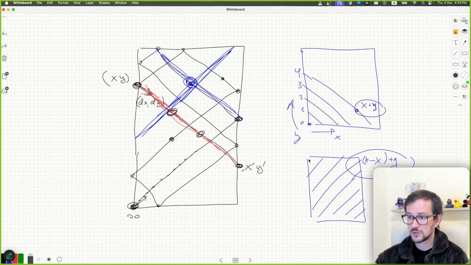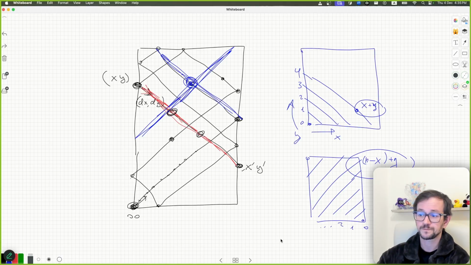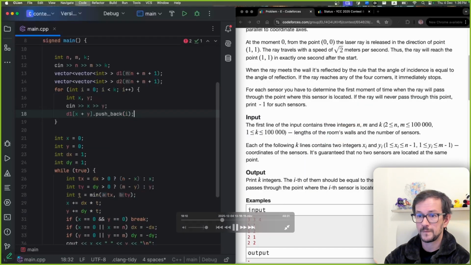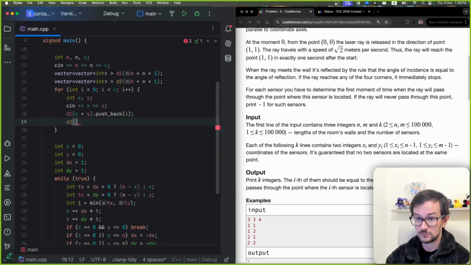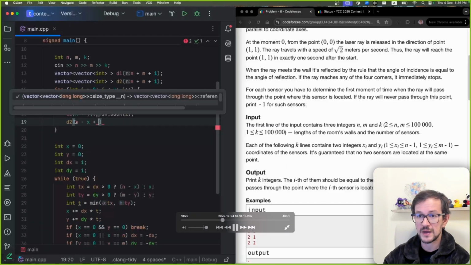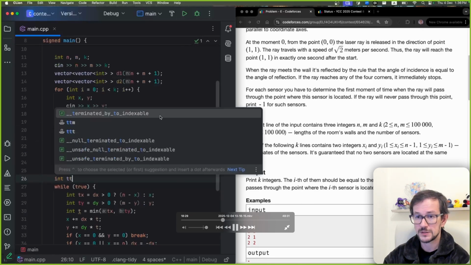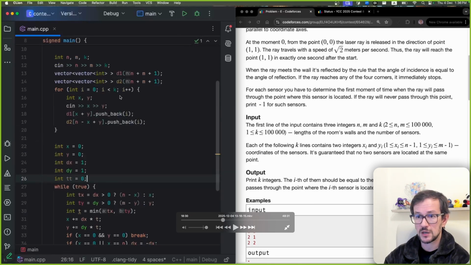So this is 0, 1, 2, and so on. That's how you enumerate diagonals. So one diagonal will have numbers equal to x plus y, another will be n minus x plus y. That's it. So I put this sensor in these two arrays, for this diagonal and for this diagonal.